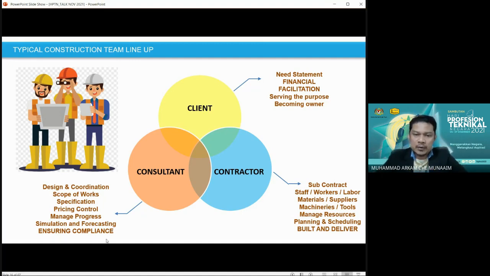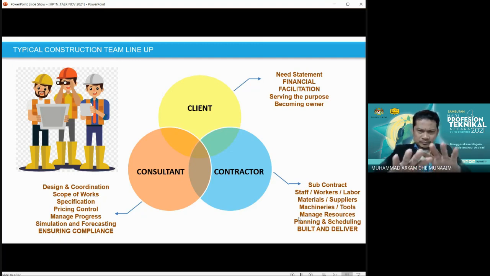Then they will do the planning and scheduling, because they need to plan everything that happens on site and do the scheduling works, the delivery, keep the material on site, do the claims, and so on. And the main task is to build and deliver according to the documents prepared by the consultant with the input given by the clients.